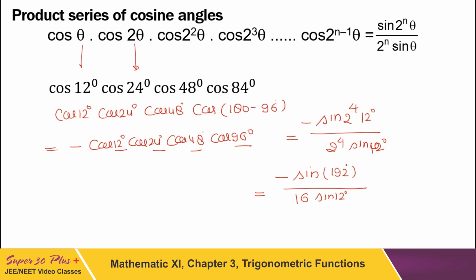Now we can write 192 degree as 180 plus 12 degree, and sin of 180 plus theta will be minus sin theta, because 180 plus theta lies in the third quadrant, upon 16 sin 12. Now your answer is sin 12 upon 16 sin 12 degree. Answer will be 1 upon 16. This is the use of product of series of cosine angles.